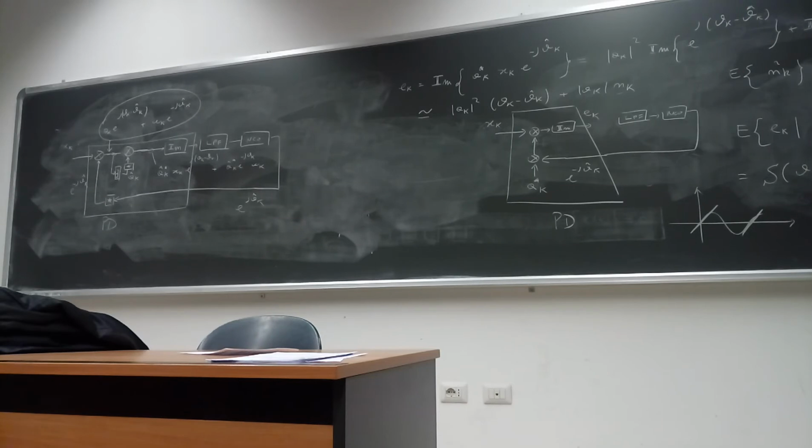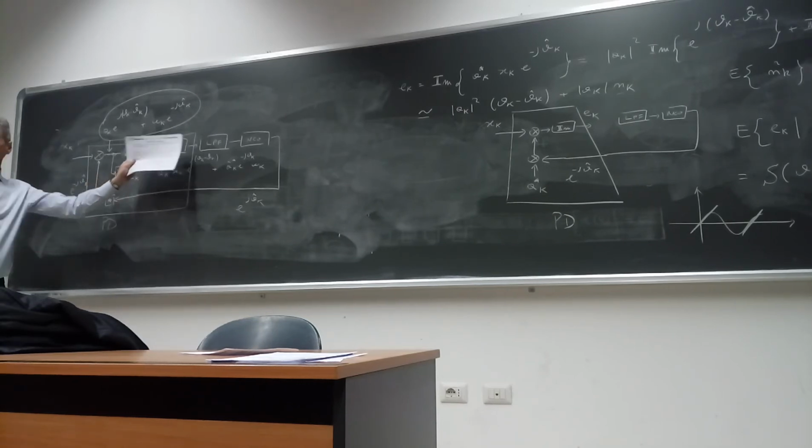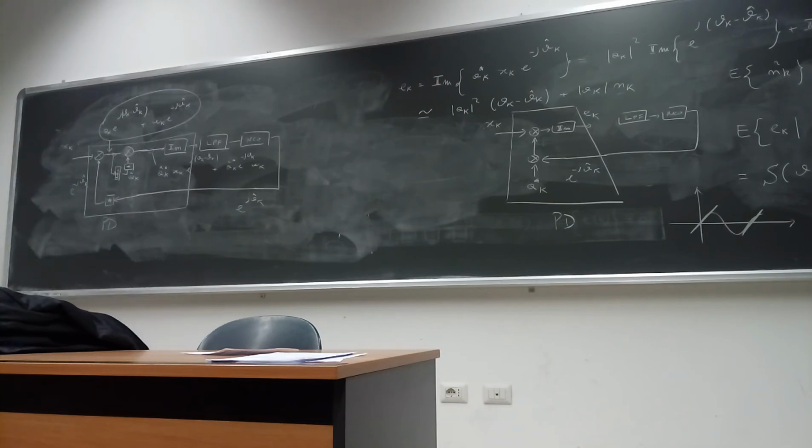Questions? So first demodulate with the estimated phase, then take the decision, then use the decision in place of the actually transmitted symbol, with the idea that both the decision and the estimated phase are good. At this point, take the imaginary part and put it at the input of the low pass filter.